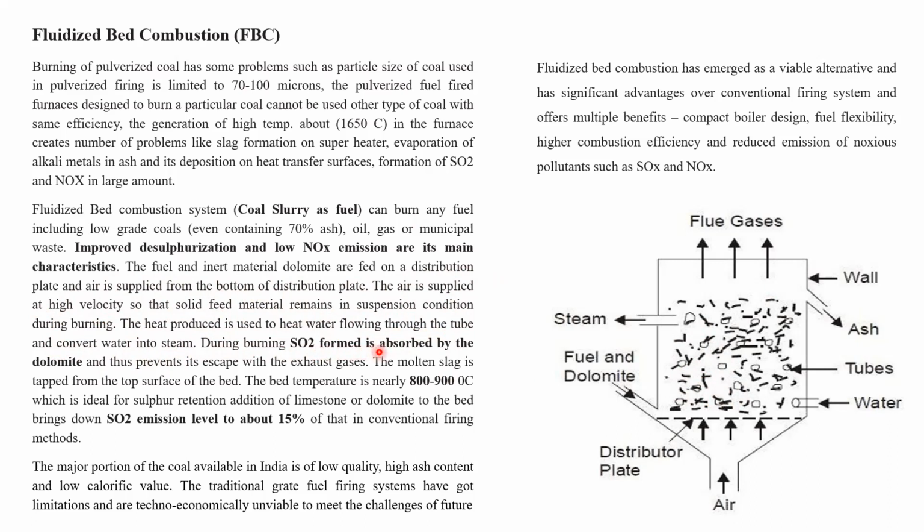During burning, the SO2 formed is absorbed by the dolomite, and thus its escape with the exhaust gases is prevented. So SO2 formation is reduced to about 15%. Also the temperature in the furnace is maintained at 800 to 900 degrees centigrade, which also reduces the NOx component.